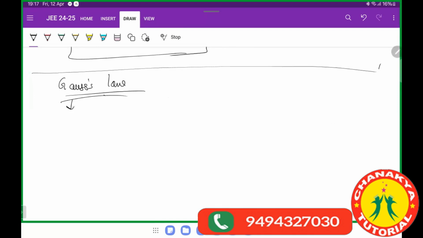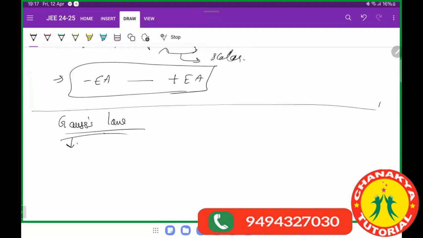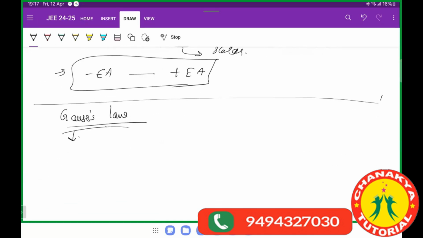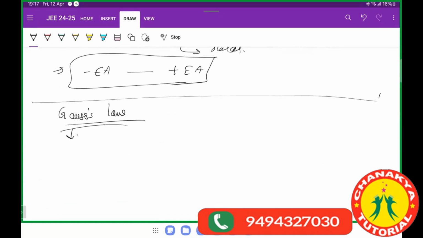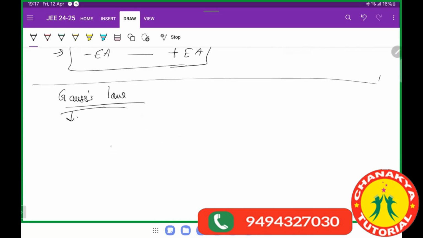Now, Gauss law. He was a guy who gave a law about this same thing, but in a different way. He says that if it is a closed surface, we name this surface a Gaussian surface.